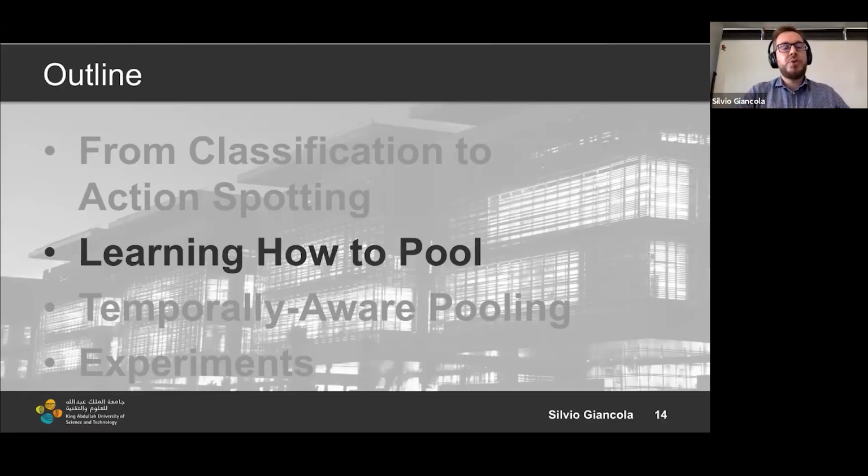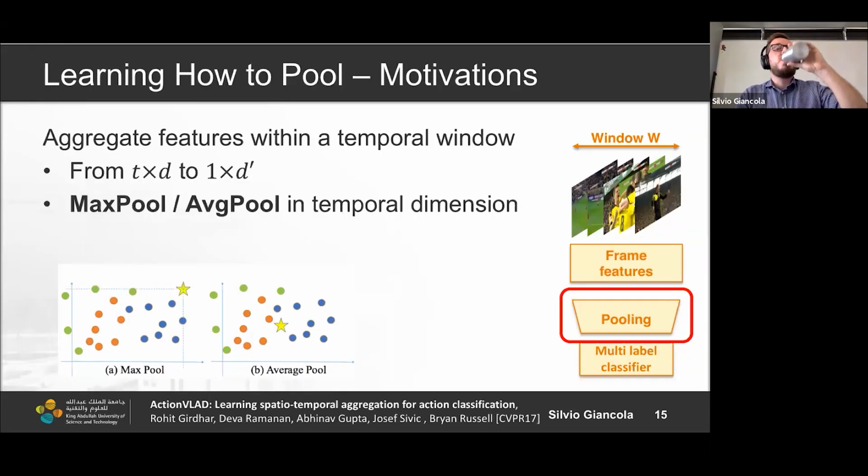So now I want to introduce how we can learn how to pool. And this is exactly the idea of VLAD and NetVLAD. First of all, the motivation. In these specific windows where we have multiple frames, we want to pool some meaningful features that will represent the full sliding window that I'm considering.